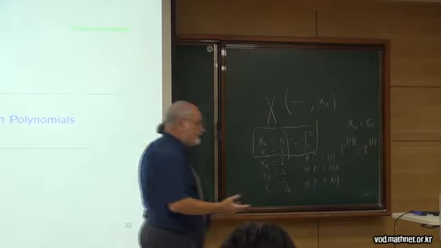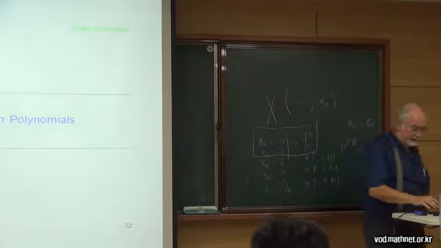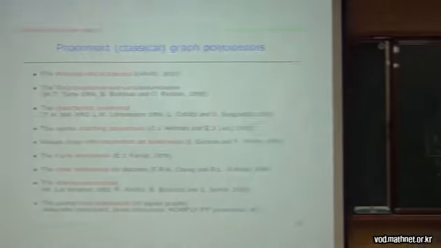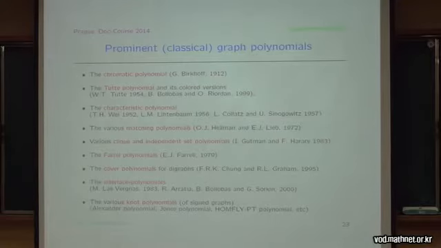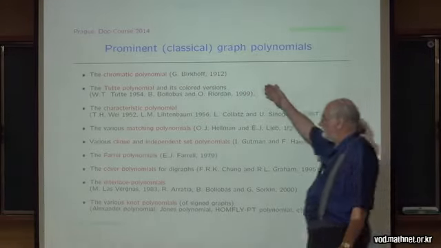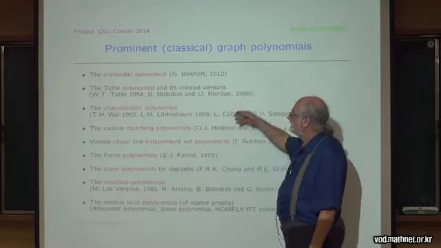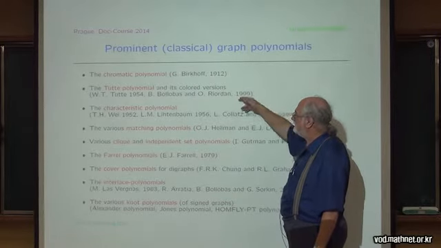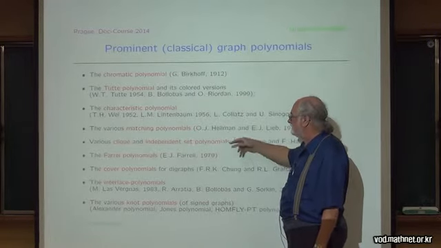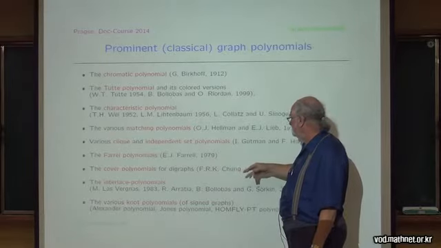So all of a sudden there are many chromatic polynomials, and we have seen already the classical ones. These are the zoo again. These are the elephants and the crocodiles of the zoo: the chromatic polynomial, the Tutte polynomial, characteristic polynomial, matching polynomial.